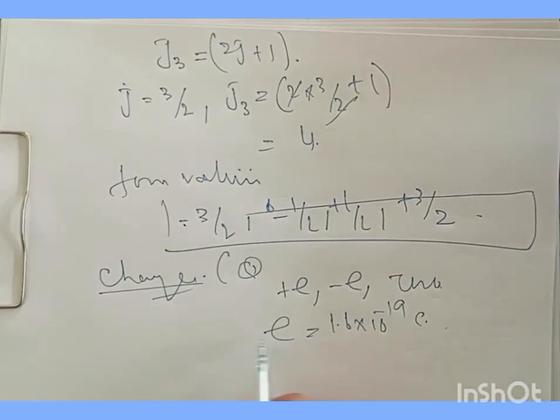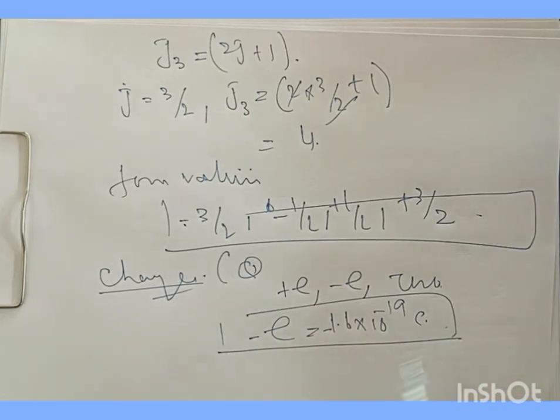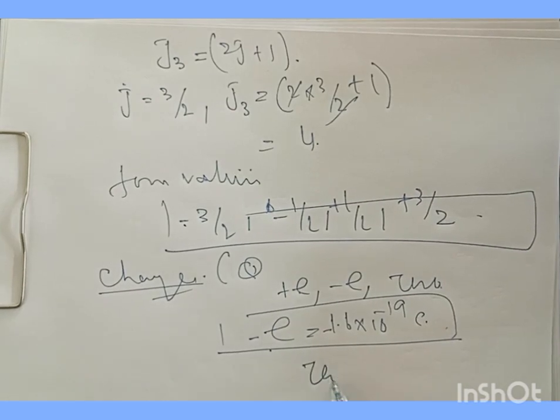For the electron, it is minus e, so minus 1.6 times 10 to the power of minus 19 coulombs. The electric charge associated with the proton is plus e, with the electron is minus e, and with the neutron is 0.